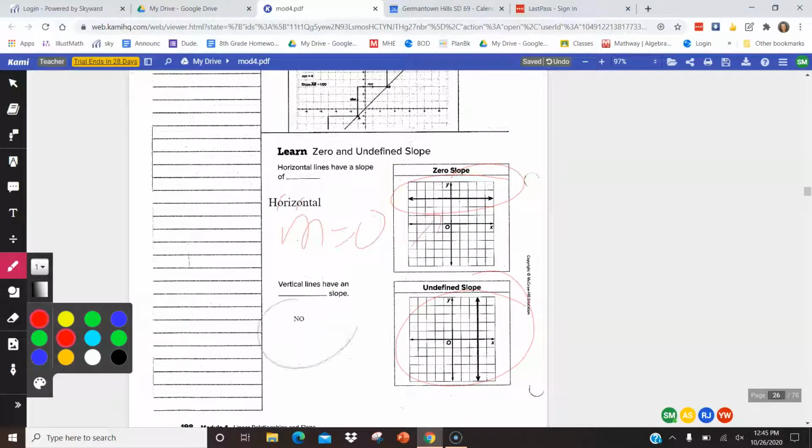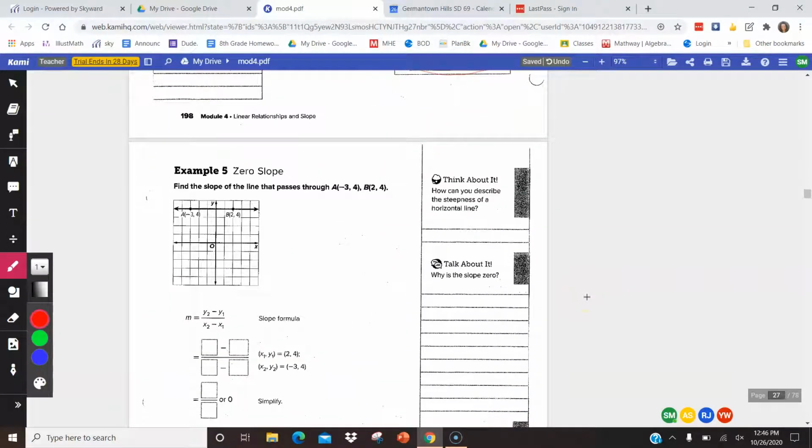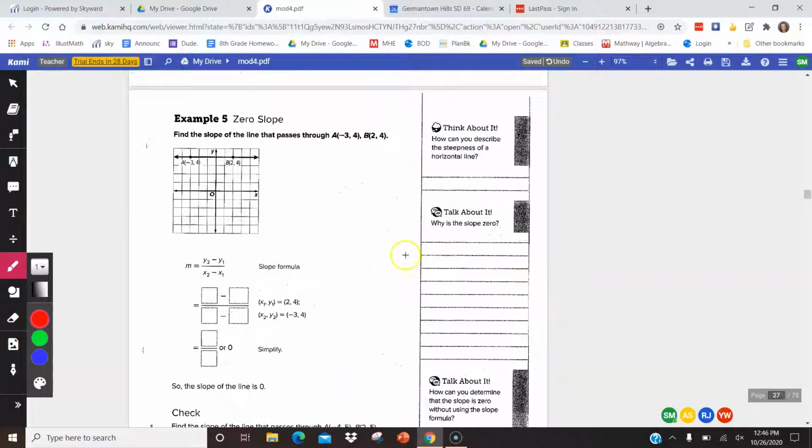Vertical lines have no slope. You can't have it because it's undefined. It means you have 0 in the denominator, and you cannot have 0 in the denominator. So let's go ahead and find this mathematically. Let's fill this out. This is x sub 1, y sub 1, x sub 2, y sub 2. Go ahead and do that really quick. I just proved this mathematically using the ordered pairs.